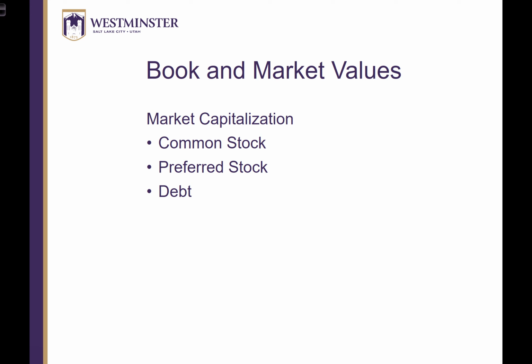We're talking about a book value versus a market value way of looking at the company's capital components: the common stock that the company has placed, the preferred stock that the company has outstanding, and the debt that the company has taken on, which means companies or individuals have loaned money to the company for various purposes. Together, these create the market capitalization of the company, or the capital structure of the company.